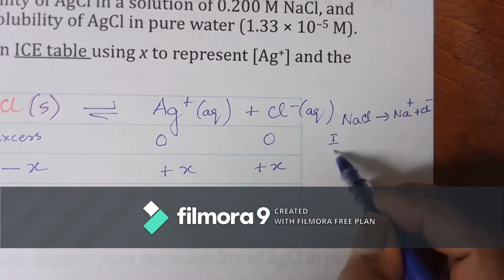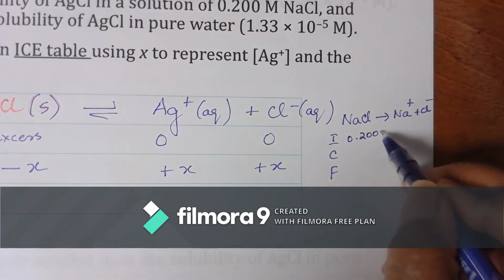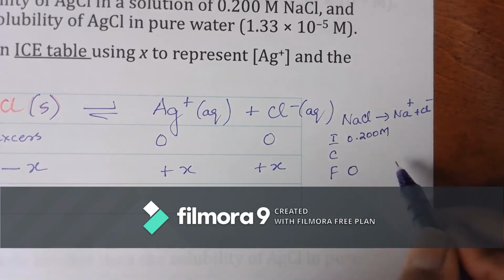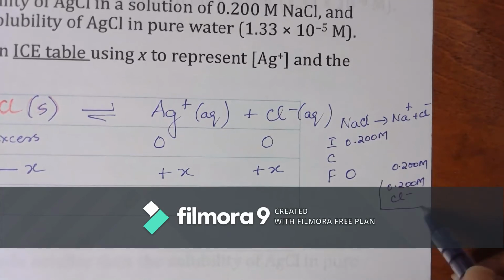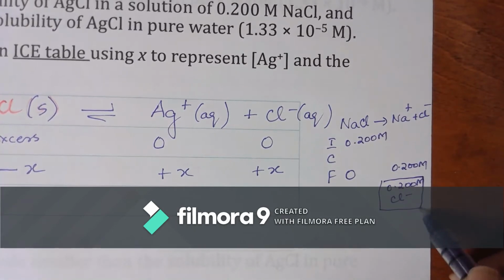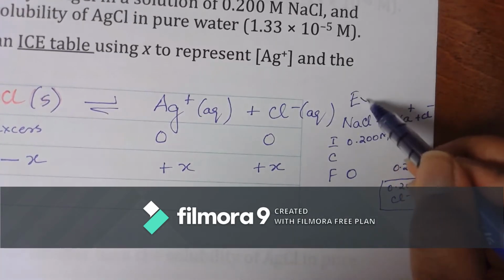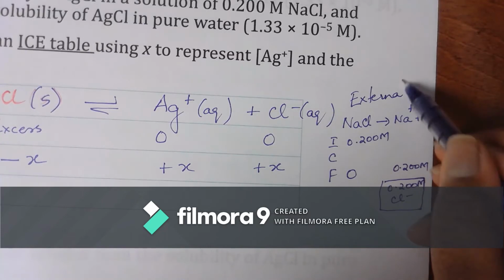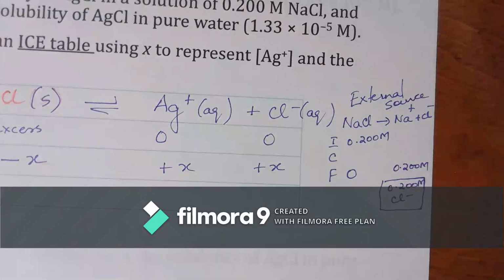This is a strong electrolyte, and this is 0.200 molar. At the end you have 0, and this is 0.200 molar and 0.200 molar of the Cl minus. Okay, so initially from the external source, you're adding 0.200 molar of Cl minus.